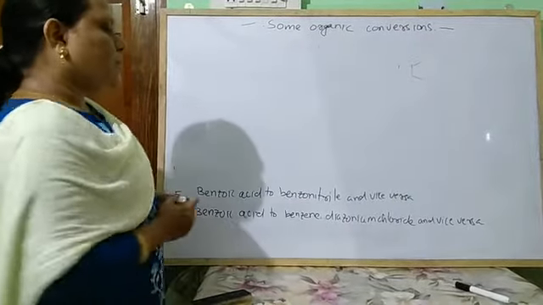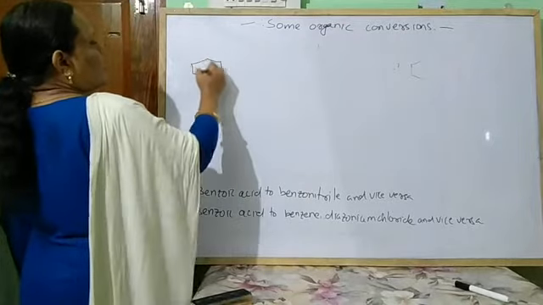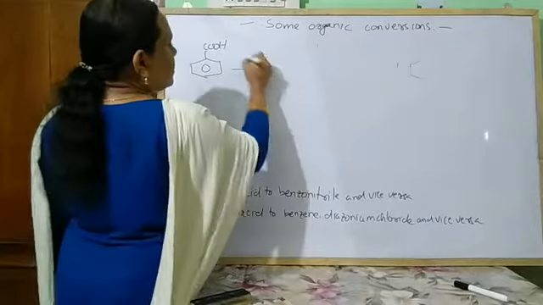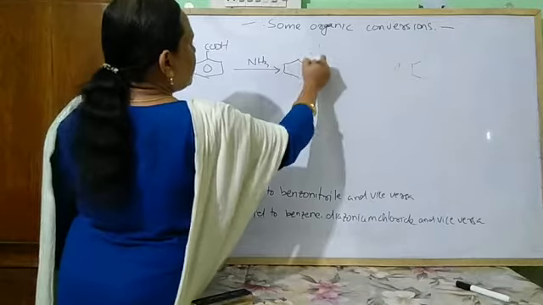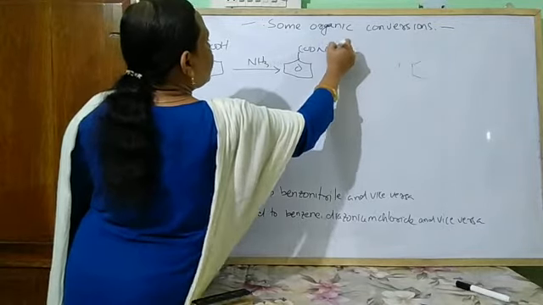Benzoic acid to benzonitrile. Simple reaction. Benzoic acid reacts with ammonia, first forming ammonium benzoate.